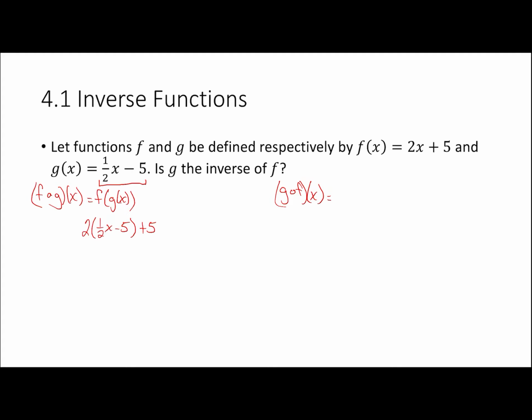Well, 2 times 1/2 is 1x. 2 times negative 5 is negative 10, and then plus 5. But negative 10 plus 5 is negative 5, and so it's x minus 5, and that's all you can do with it. And so it doesn't give us x.